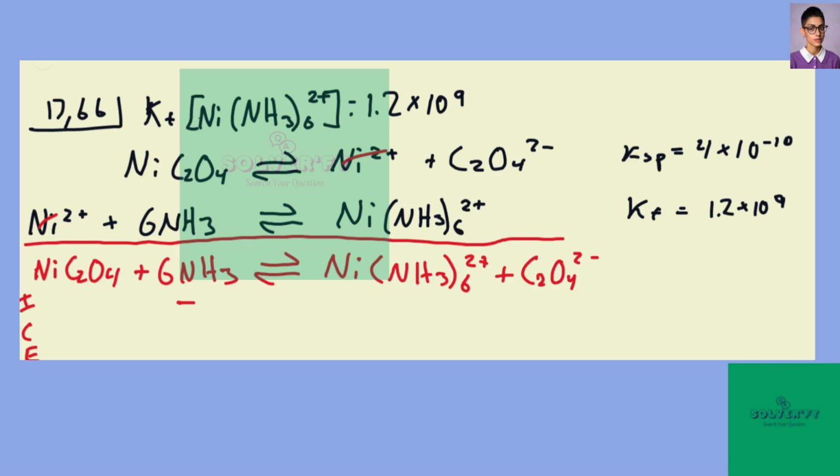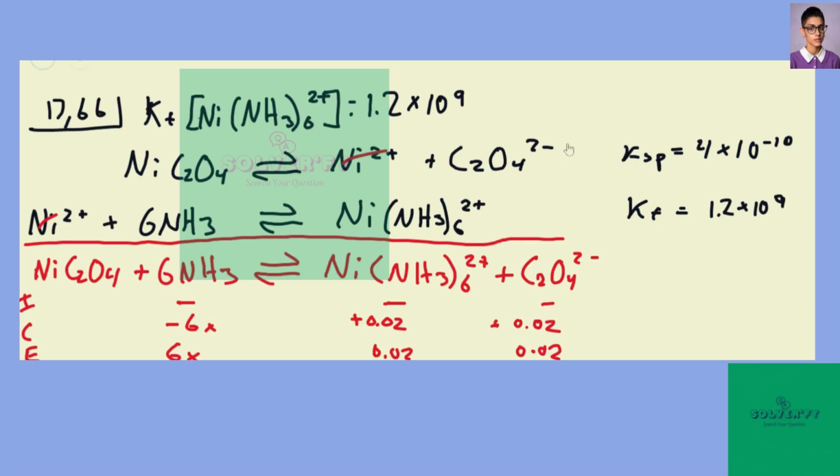So we know that we're going to subtract 6x, and we're going to create, we're told from the problem, 0.02 moles of this ion dissolving in solution of 1 liter. So we have an equilibrium of 6x and 0.02 for both of these.